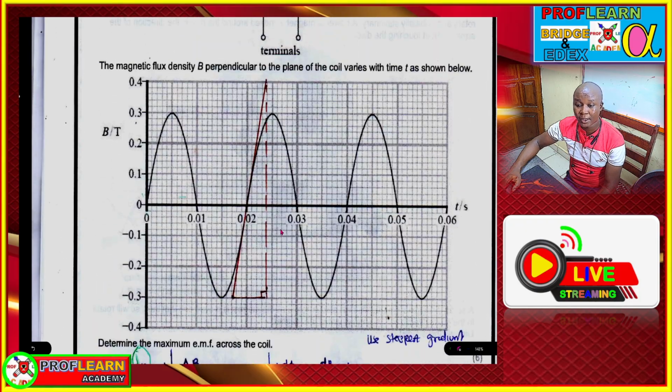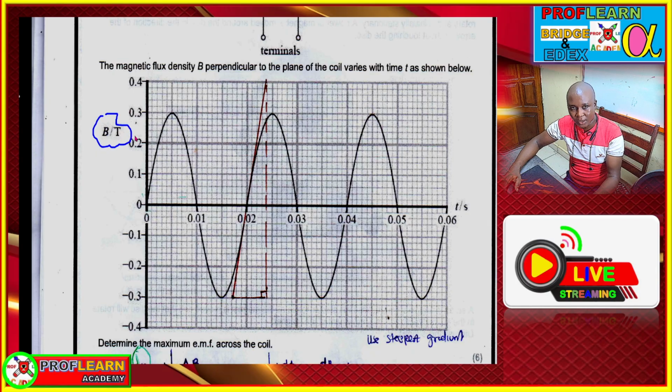Now, to determine the maximum EMF, remember here we are given a magnetic flux density. Then you need to work out the rate of change of magnetic flux. The rate of change of magnetic flux linkage can be given by the rate of change of magnetic flux times the cross-section area times the number of turns.